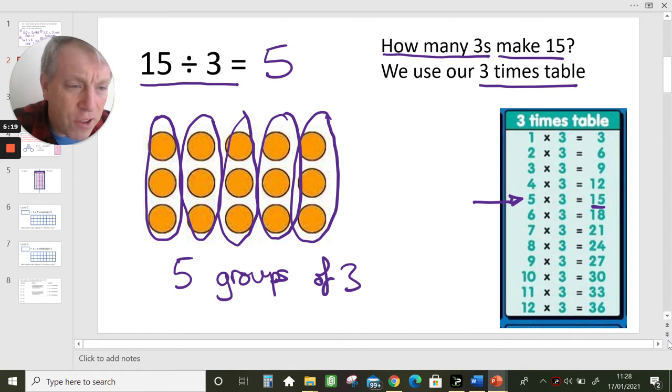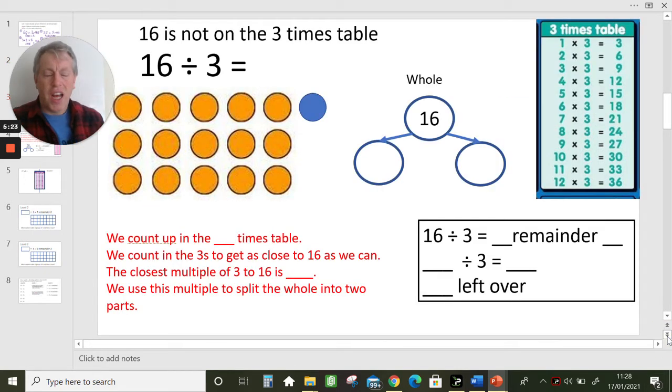But what if we had just put one more in? Can you see it here? If it was not 15 divided by 3, but 16 divided by 3. Oh, this is where we've got a remainder. Because 16 is not on the 3 times table. We still use our 3's though.